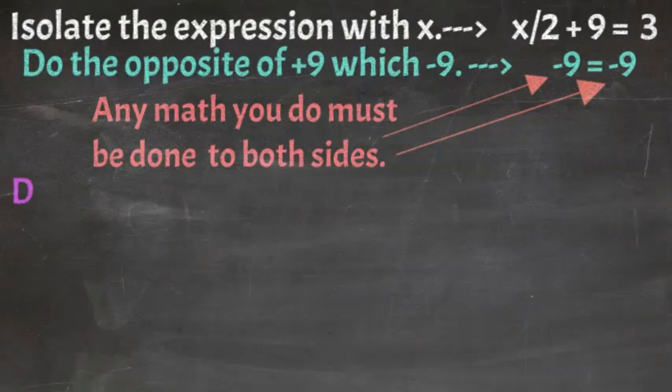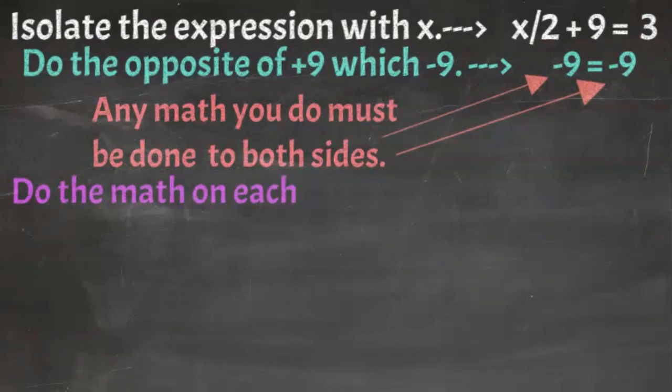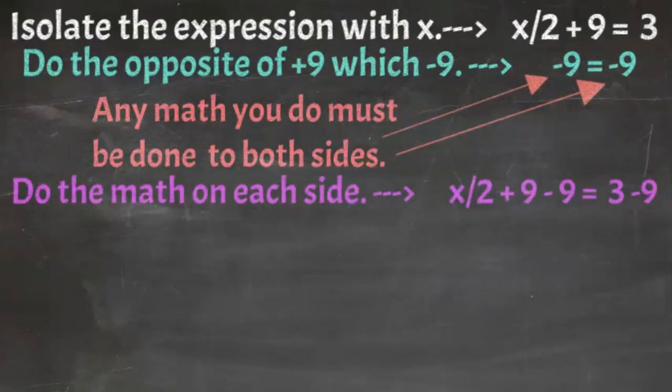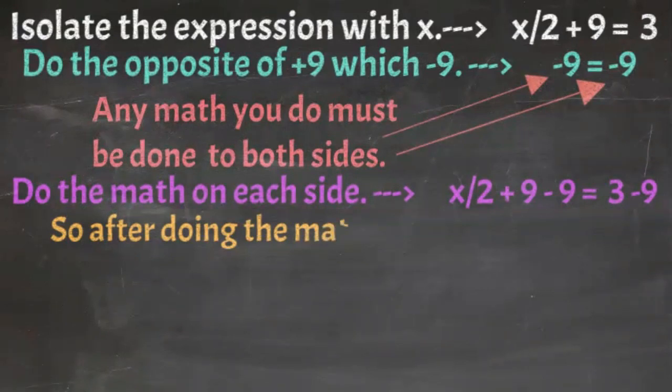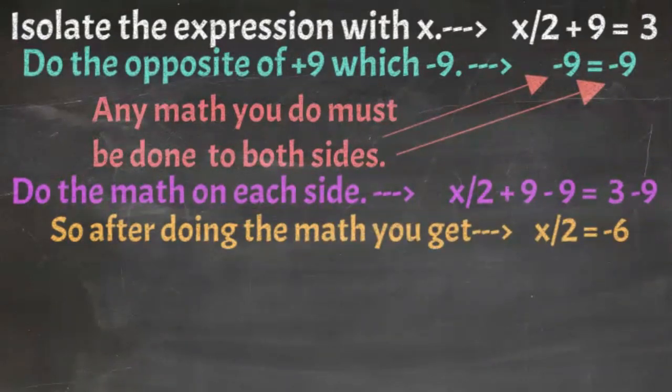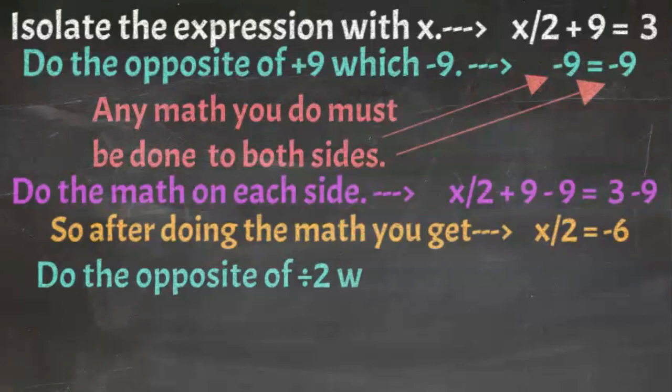So you do the math on each side and you get x divided by 2 plus 9 minus 9 is equal to 3 minus 9. So after doing the math in that equation, you get x over 2 is equal to negative 6. Do the opposite of dividing by 2, which is multiplying by 2, the second step you have to make.